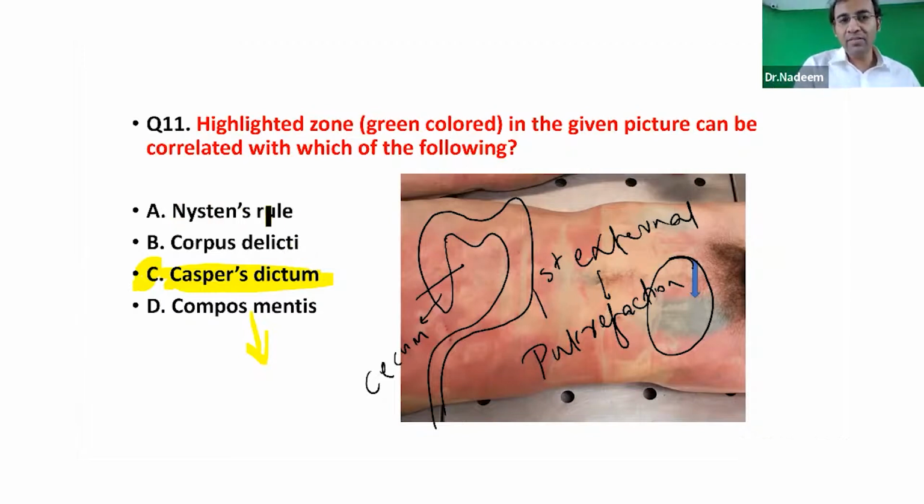Nysten's rule we have already learned. Nysten's rule is seen in rigor mortis. What is the meaning of corpus delicti? Essence of crime.